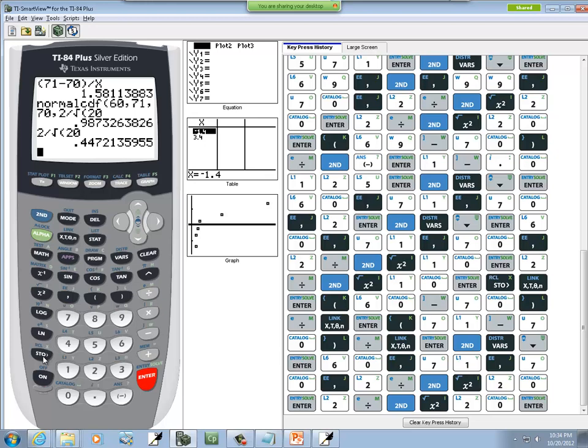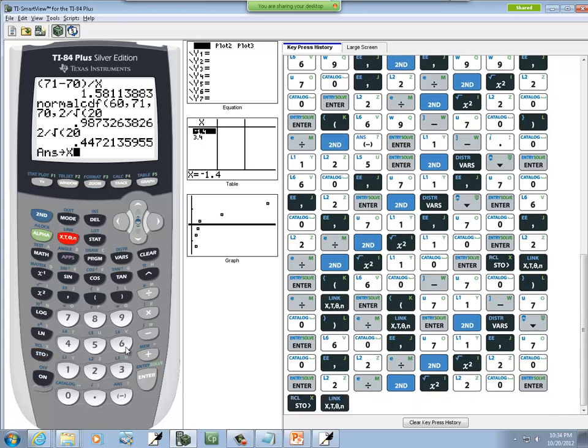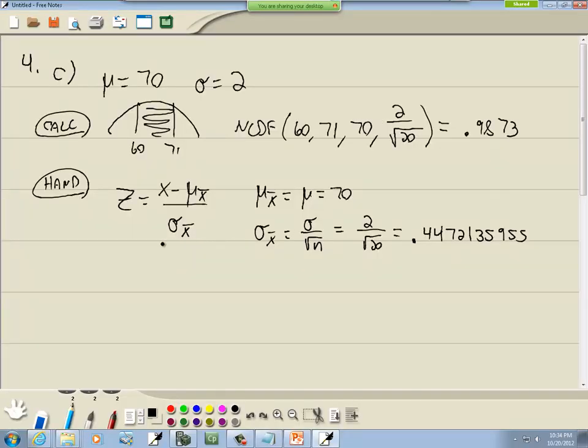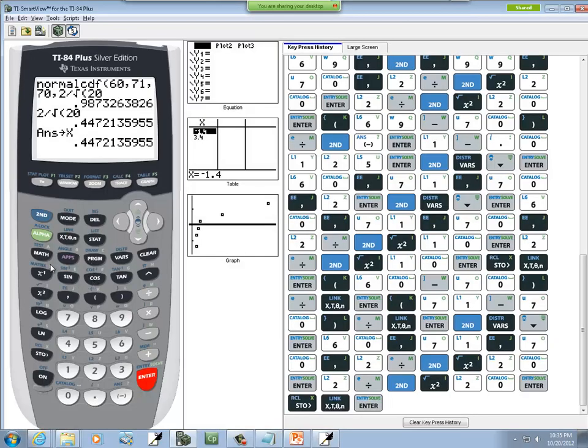So I press my store button, STO, and I push the X key, and then enter. So that's now stored in X. X might be an inappropriate place to store it since we're working with X values here, but I think you get the idea. You can actually store it in any of these green letters here, A, B, C, all those.